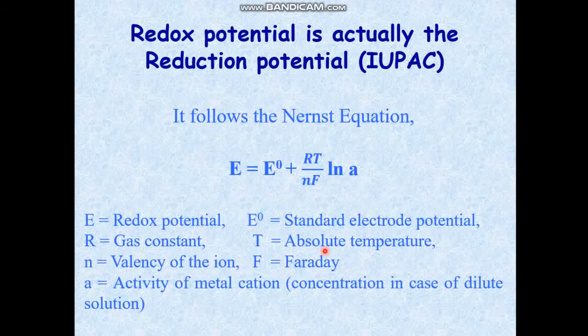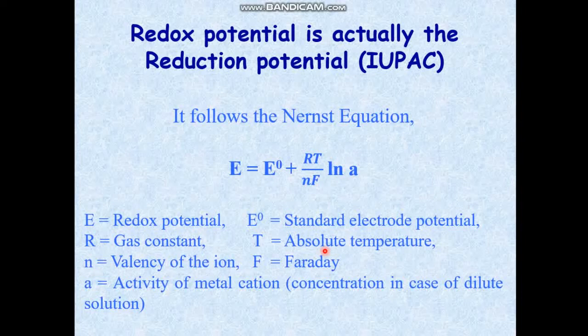Now, as I have mentioned, redox chemistry is the study of reduction and oxidation reactions. So here, as a part of its study, we have to take the help of some equation. The most important equation here is the Nernst equation.